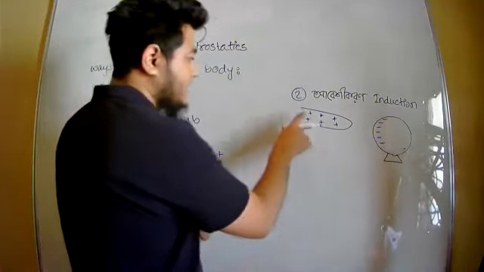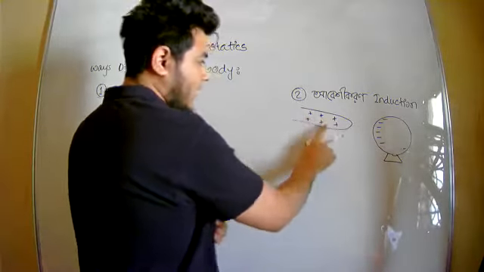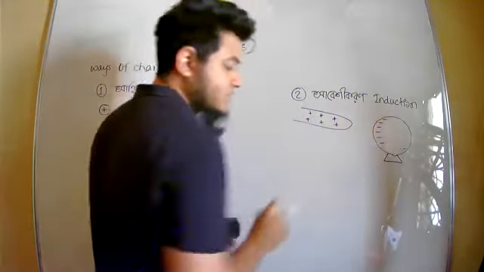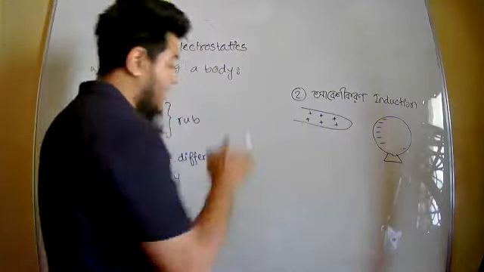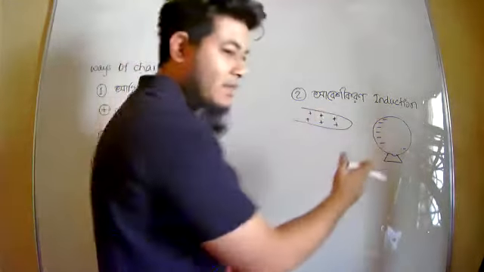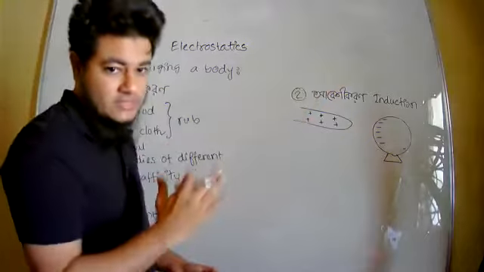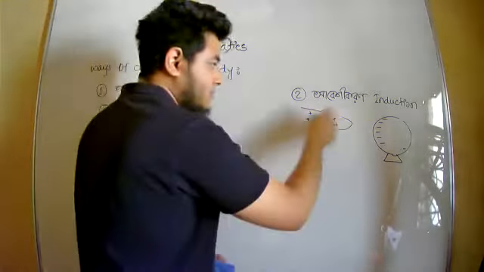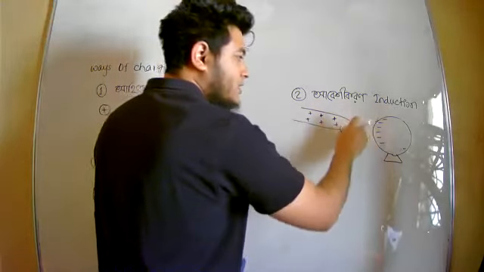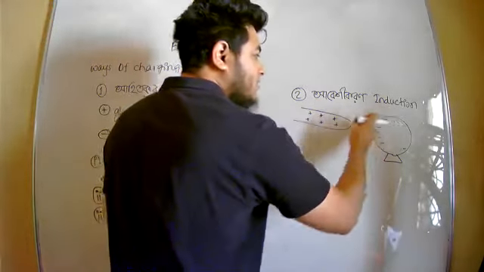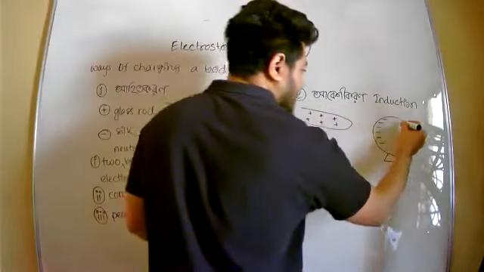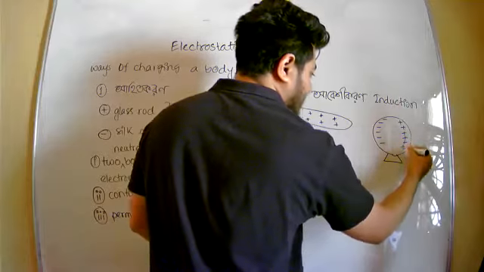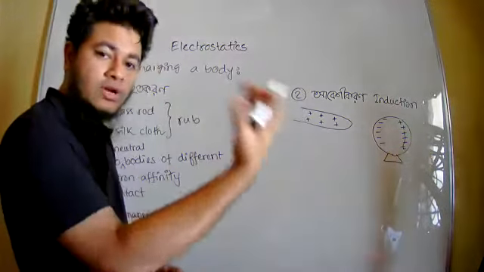That I have taken 6 protons here, and it will attract the equal number of electrons. 1, 2, 3, 4, 5, 6. 6 electrons, right? And what will happen? It will repel an equal number of protons to the other side. It will attract the electrons, bringing them closer to this surface, but at the same time, the protons that were here, these positive charges will repel them, and the positive charges will be accumulated on the other side. An equal number of protons will be accumulated on the other side.